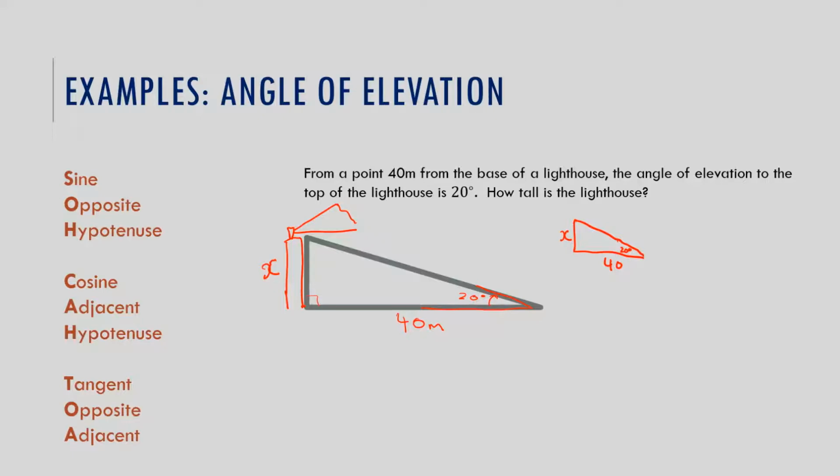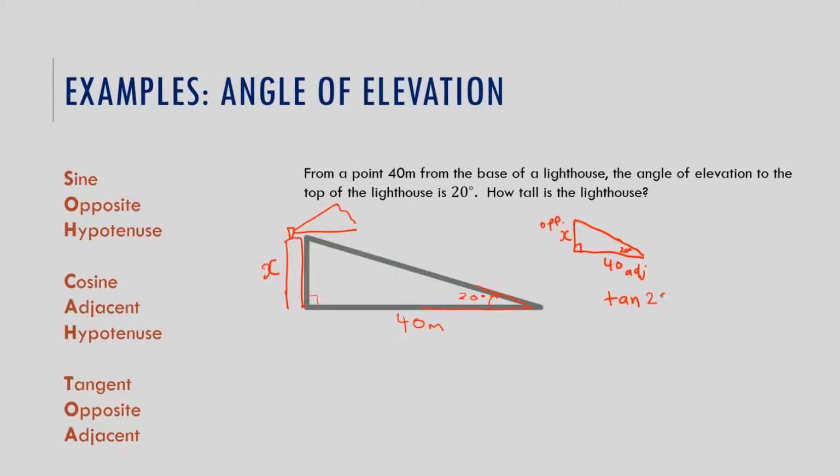So we need to now label our diagrams so we know whether to use SOHCAHTOA, or sine, cos or tan. Do I have a hypotenuse? I don't. I do have my adjacent, and I do have my opposite. So I find that I want to use my tan.